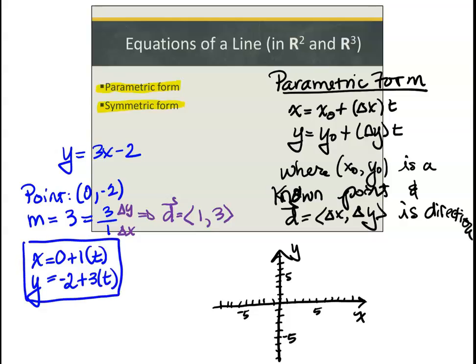So that's the parametric form of the line y equals 3x minus 2. Let's go ahead and plot a couple points along this line using our parametric form.